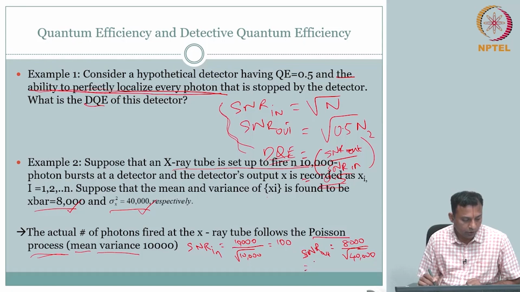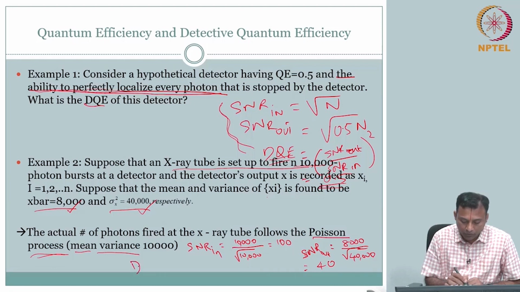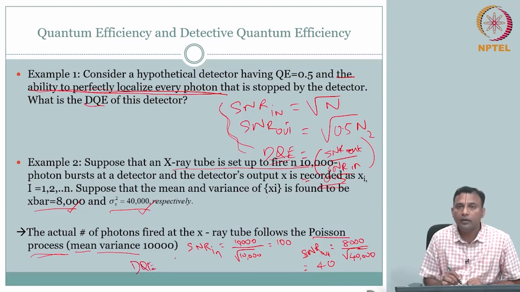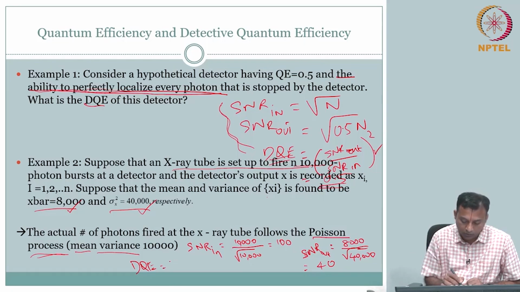What is that? That is going to be some 40. So what is your DQE? DQE is SNR out by SNR in, the whole square. So in our case it is 40 by 100 the whole square, which is 0.16.